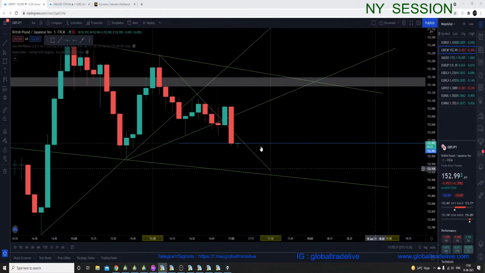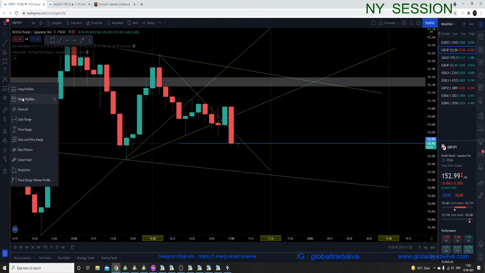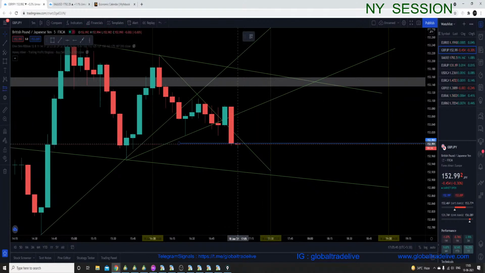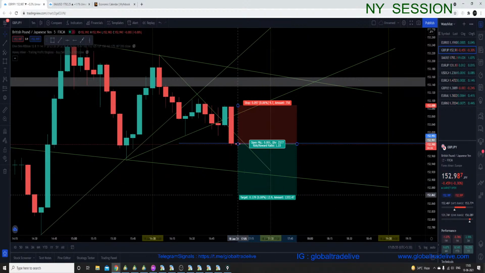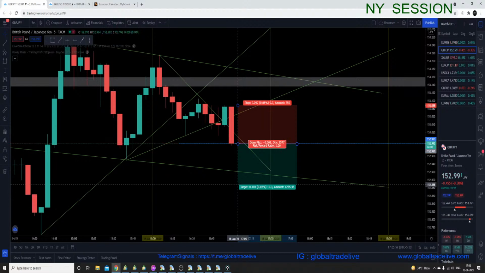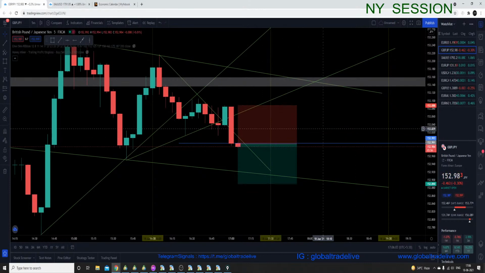Now I am expecting the price to reject this area, this trend line, and continue to move down. This is the exact point over here. Stops are there. Take profit, let's say just 10 pips first, and after that we will see.